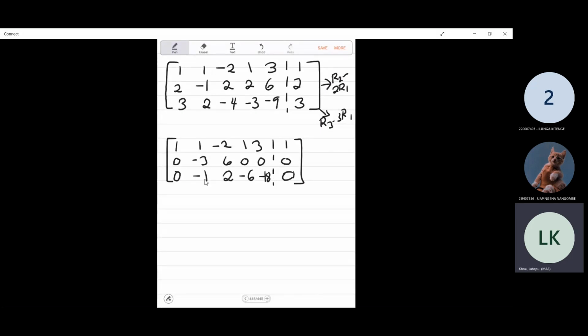I just say 3 times row 3 minus row 2. Then the first row has not changed, and then this row here I can afterwards divide it by negative 3.